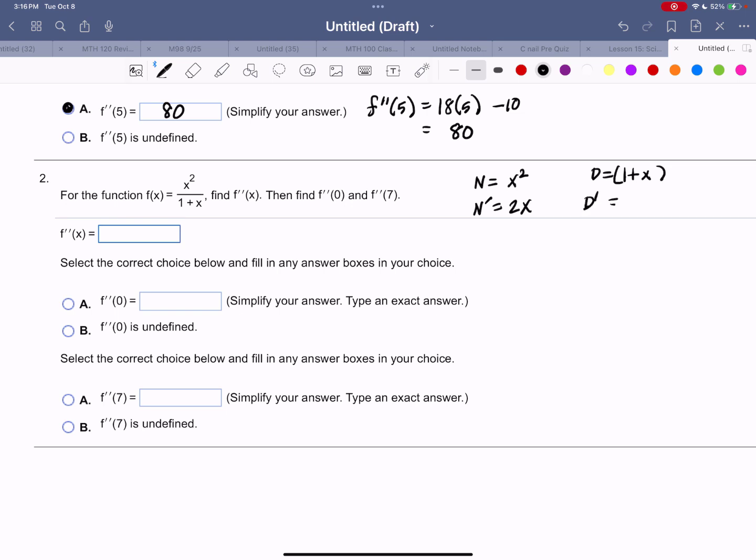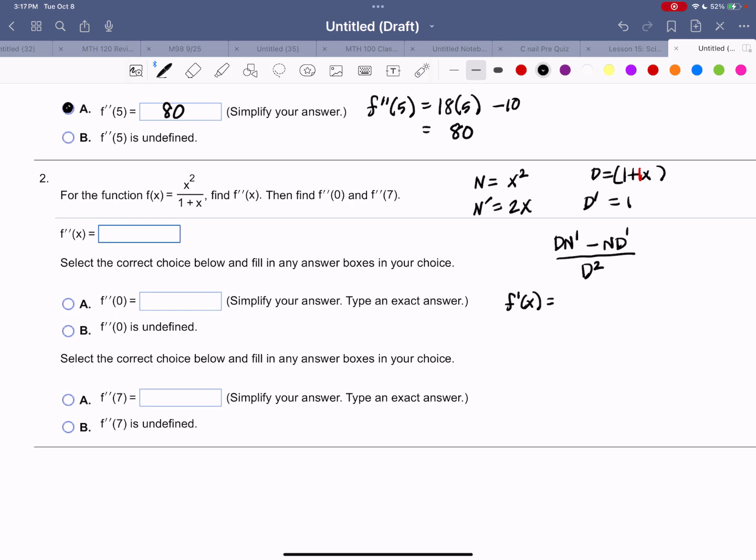The derivative of that is just a 1, because remember, there's a 1 coefficient in front of that x. So the quotient rule says denominator times the derivative of the numerator minus the numerator times the derivative of the denominator over the denominator squared. So they don't ask us for f prime of x here, but we've got to find it. Got to find that first derivative before we can find the second one.